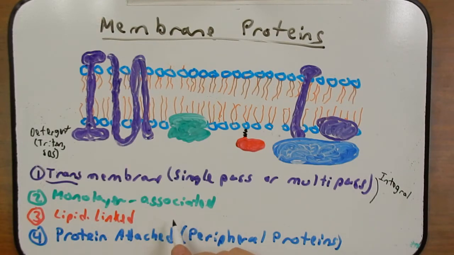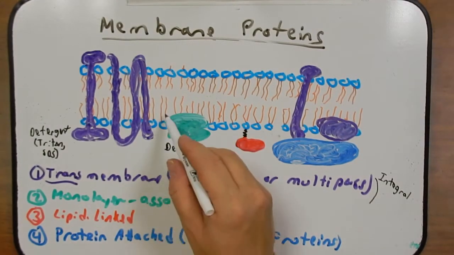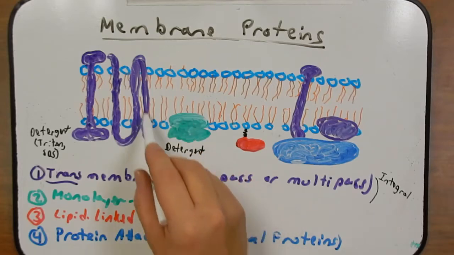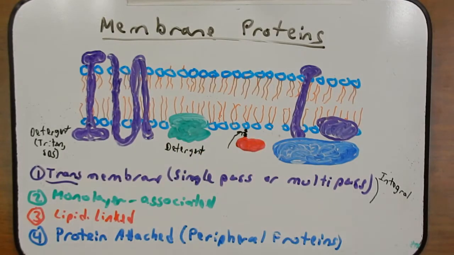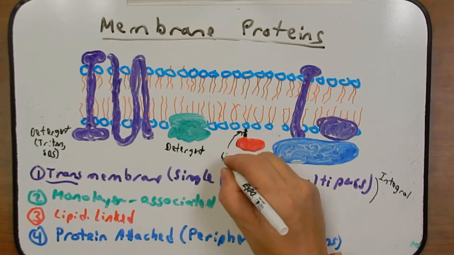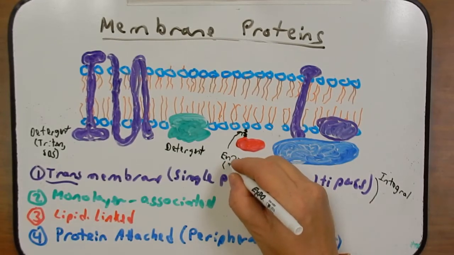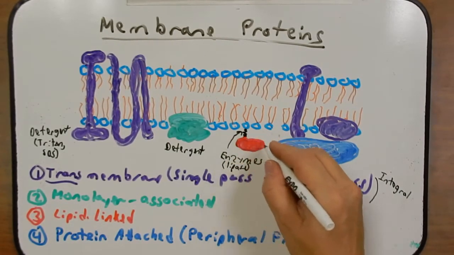These monolayer associated proteins would also require a detergent. Detergents come in and they disrupt the membrane, and that's why these are released. Lipid associated proteins require enzymes to remove these proteins from the membrane. So an enzyme like a lipase would work well to release this protein.